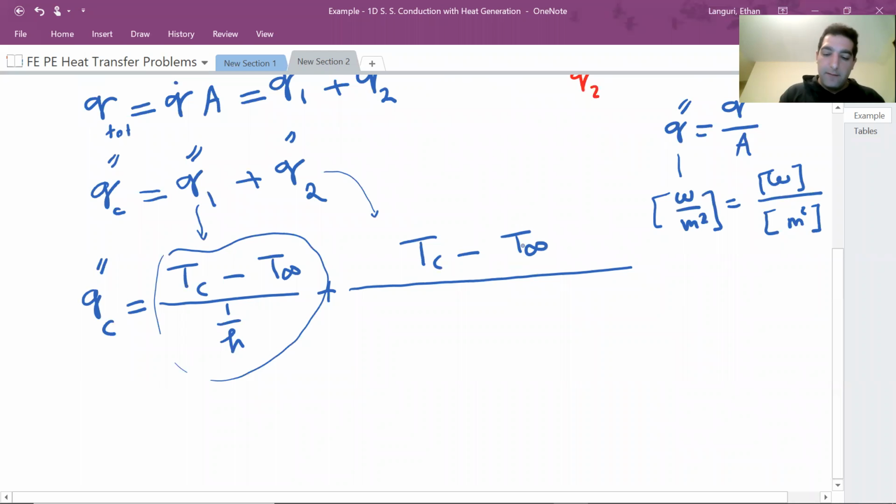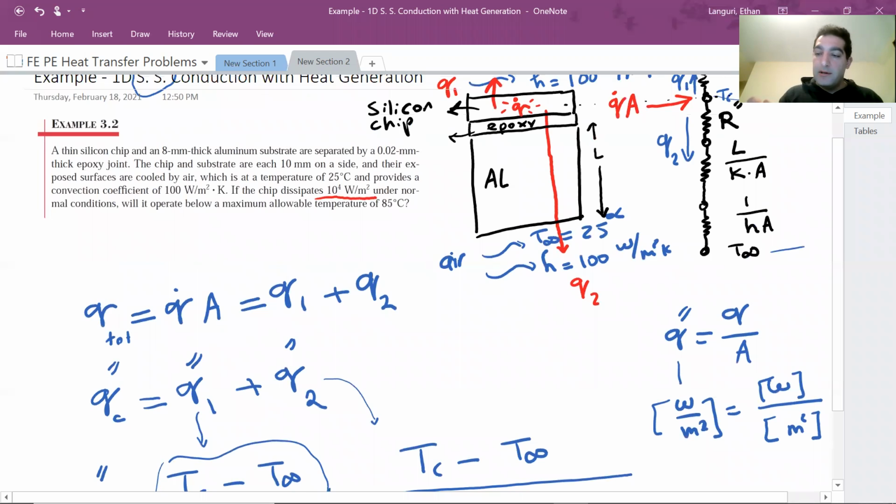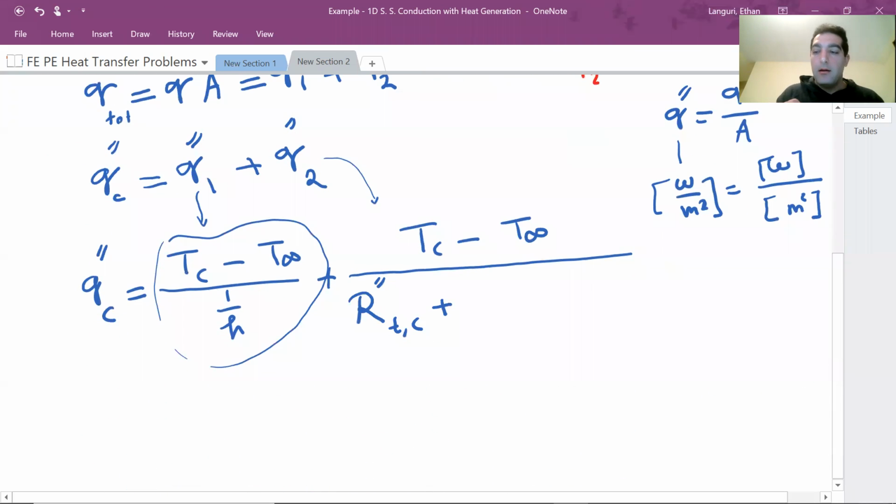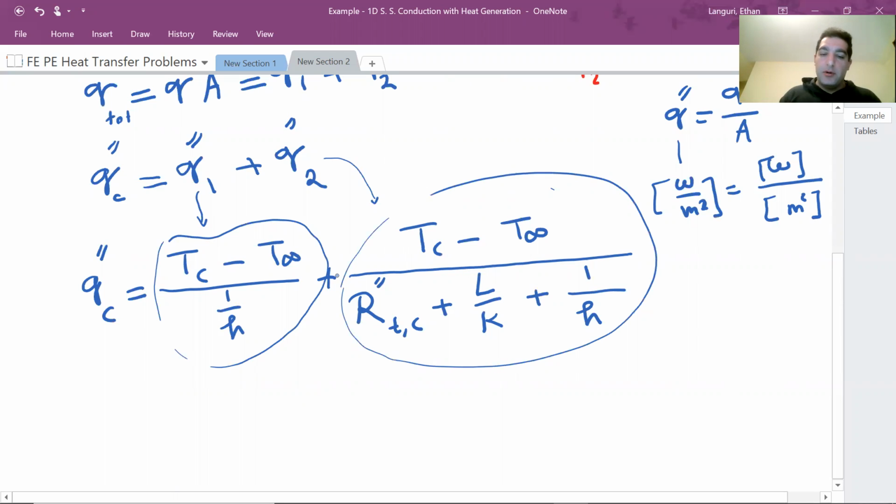What resistance I have? Contact resistance plus resistance by the aluminum bar thickness, which is L over K. Again, I'm dropping the A's here, plus resistance by convection 1 over H. Okay, so that represents the Q double prime 2.